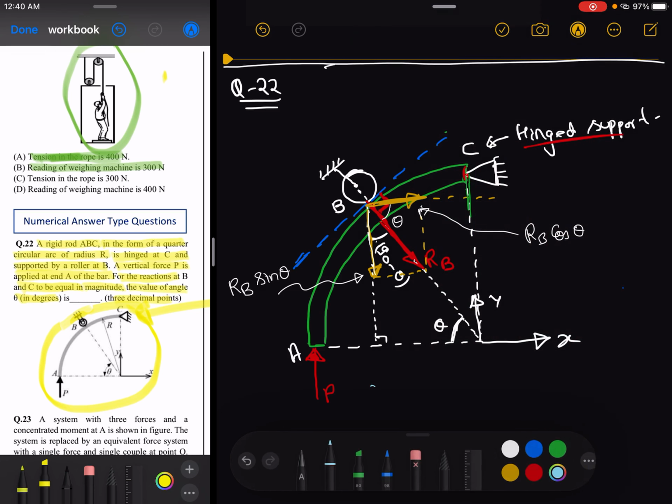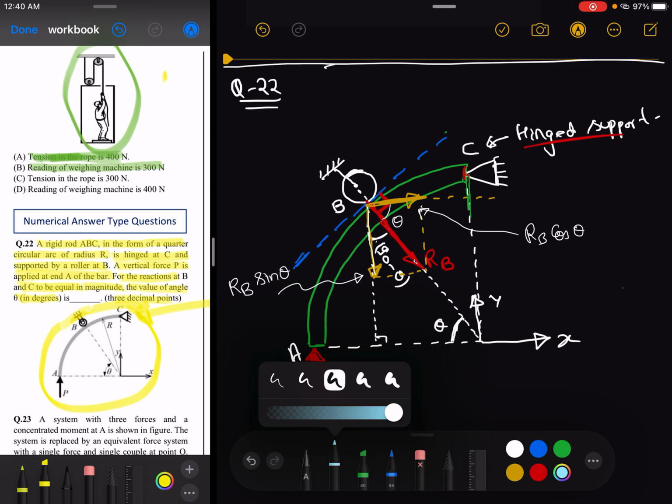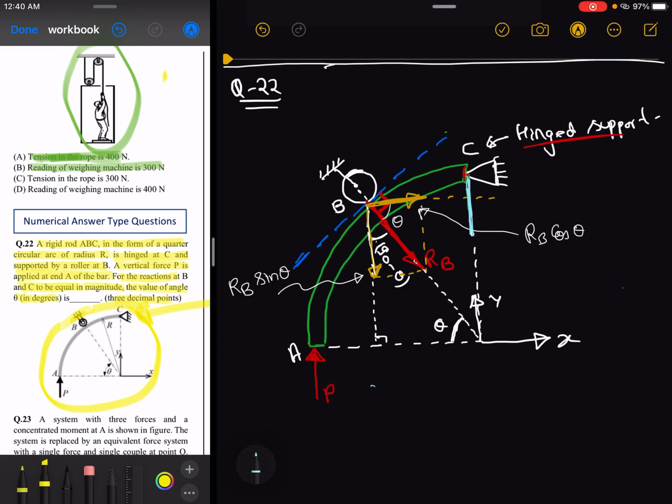So I am assuming here along the y direction, this is the component.